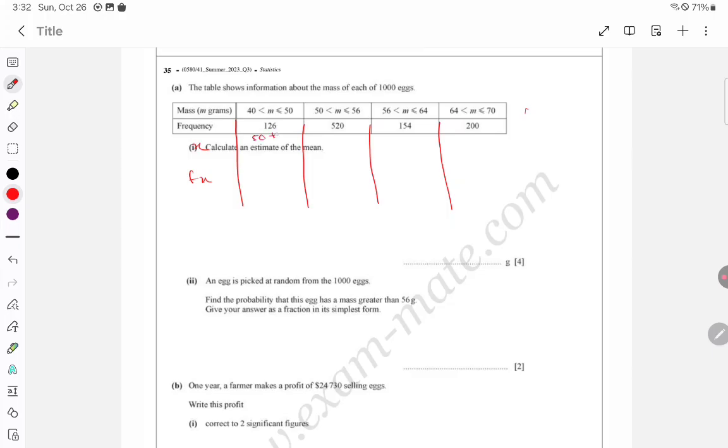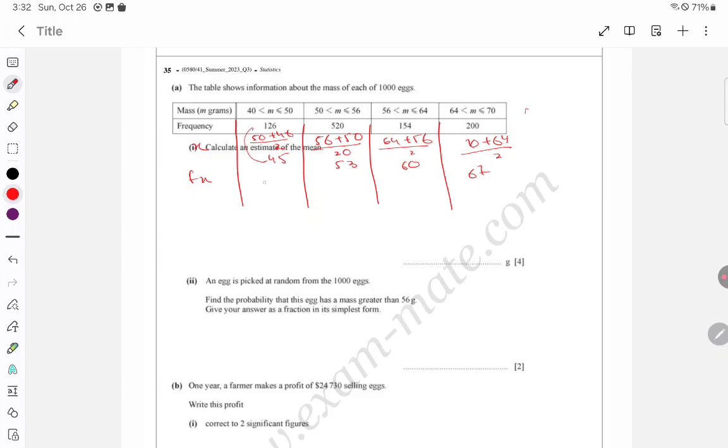50 plus 40 divided by 2 gives you 45. 56 plus 50 divided by 2 gives you 53. 64 plus 56 divided by 2 gives you 60. 70 plus 64 divided by 2 gives you 67.